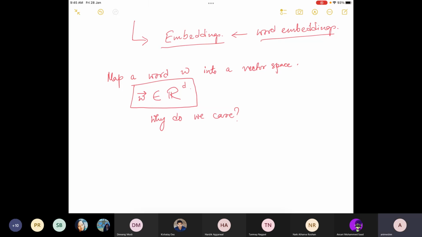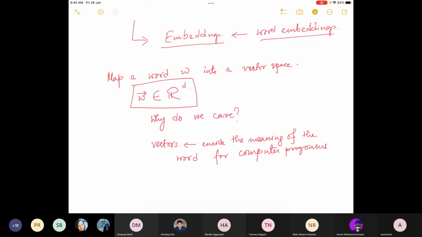Somehow these vectors encode the meaning of the word for computer programs to interpret.